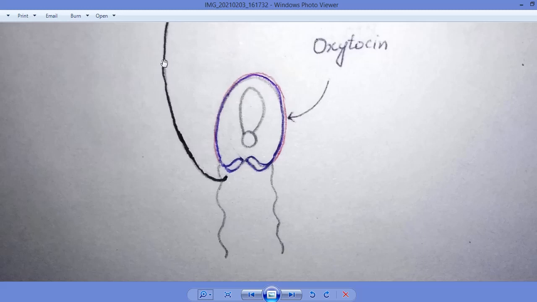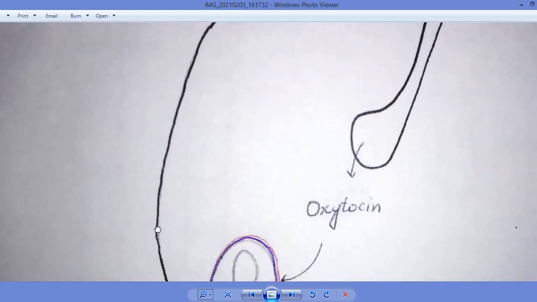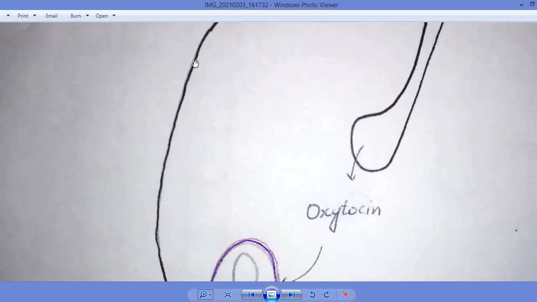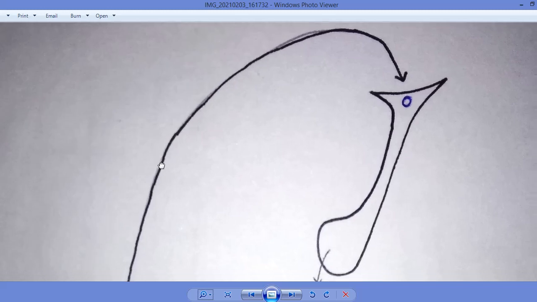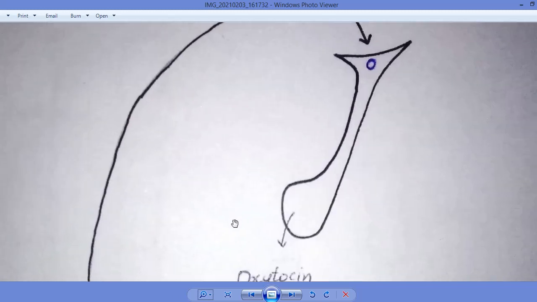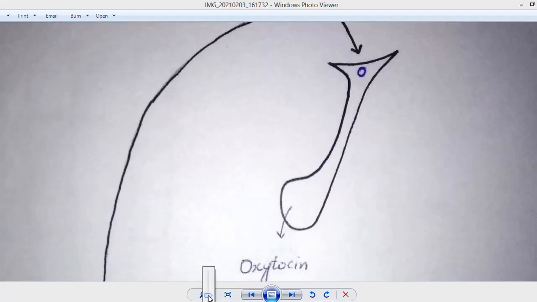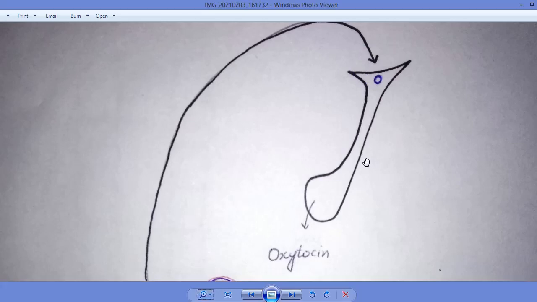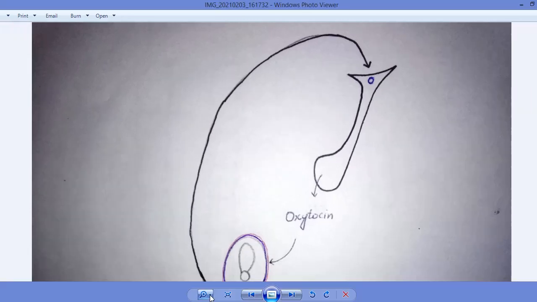This afferent somatic neuron passes the signal towards the spinal cord, and from the spinal cord it goes toward the brain, and from the brain it goes to the respective nucleus inside the hypothalamus. This nucleus is called the paraventricular nucleus, and it is responsible for the synthesis of oxytocin.